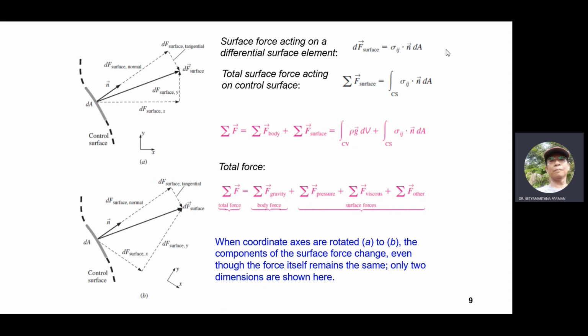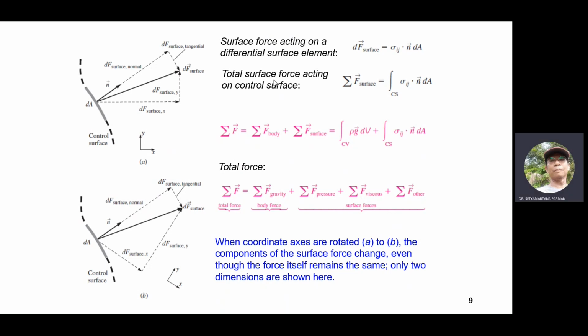Surface force acting on a differential surface element: dF surface equals sigma ij dot n multiplied by dA. dA is the elemental area, and n is the vector normal to the surface, while sigma ij is the stress tensor.